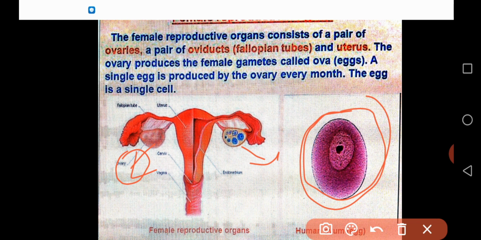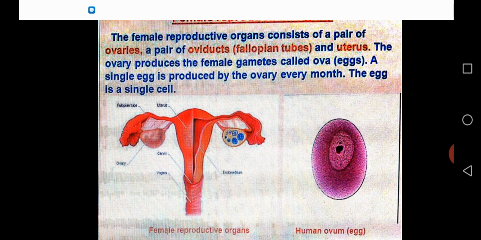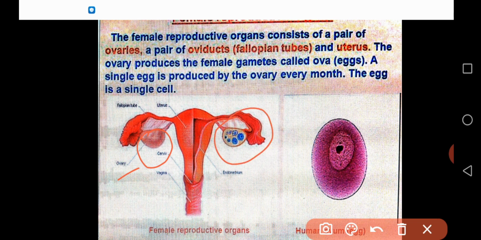One egg is produced every month, alternately by one of the ovaries. For example, this month this ovary produces the egg, and next month this other ovary produces the egg.